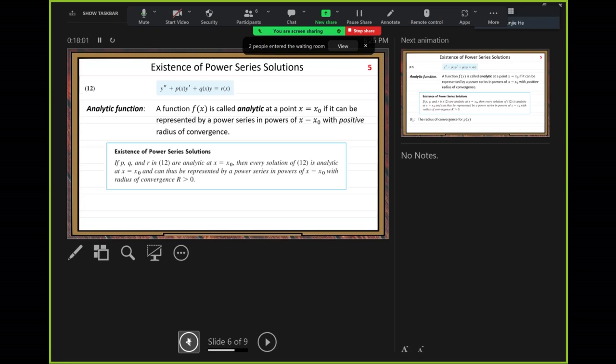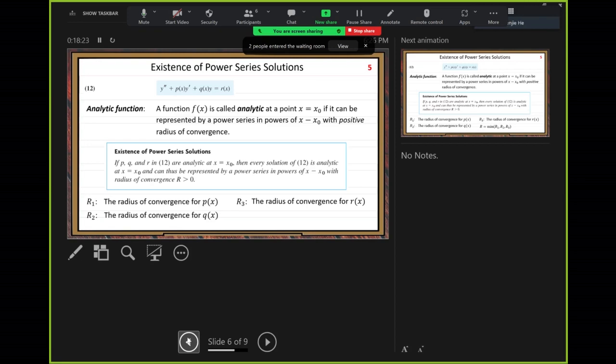Let's assume R1 is the radius of convergence for the P function, R2 the radius of convergence of the Q function, and R3 the radius of convergence for the R function.